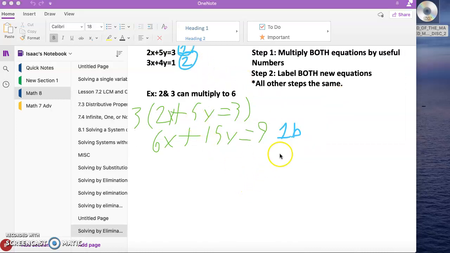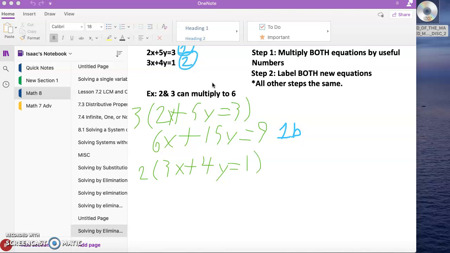Now I'm going to create an equation 2b, because I want this to turn into 6x at the front here. So I've got 3x plus 4y equals 1. Let's see, what can I multiply 3 times to get 6? It's 2. So I'm going to multiply everything in equation 2 times 2. So I'm going to say 2 times 3x plus 4y equals 1, all times 2.